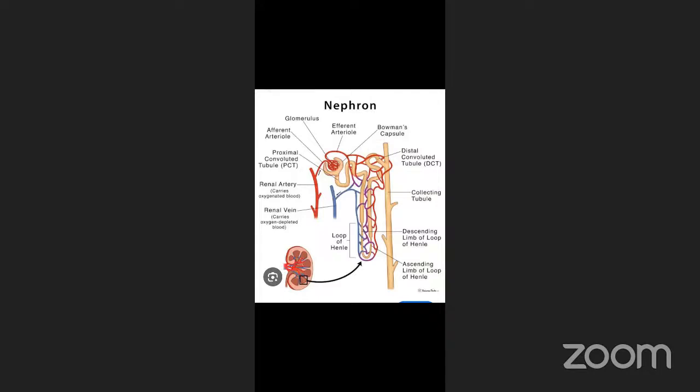Now, when you look at the structure of the nephron, which part of the nephron is found in which part of the kidney?